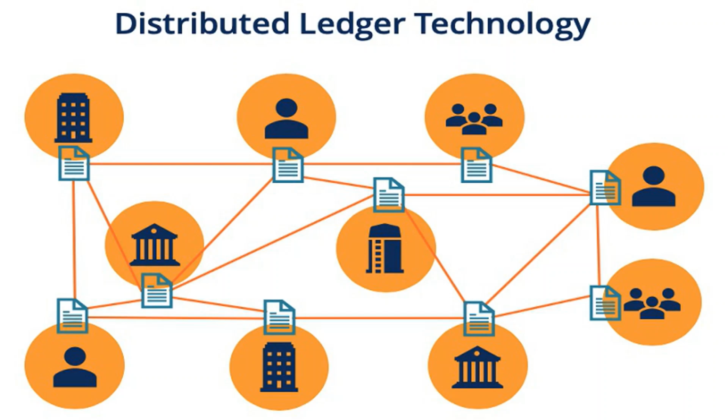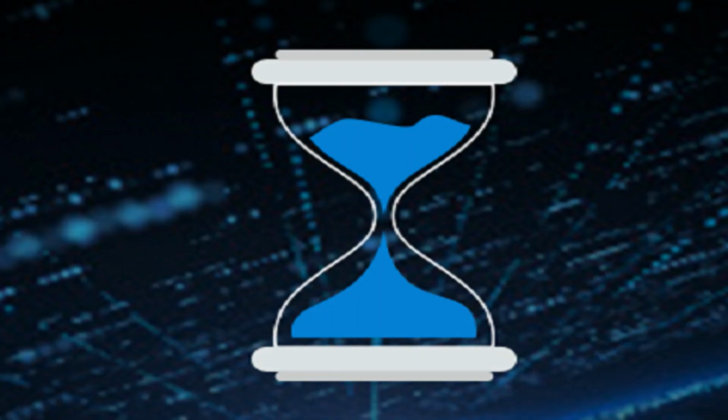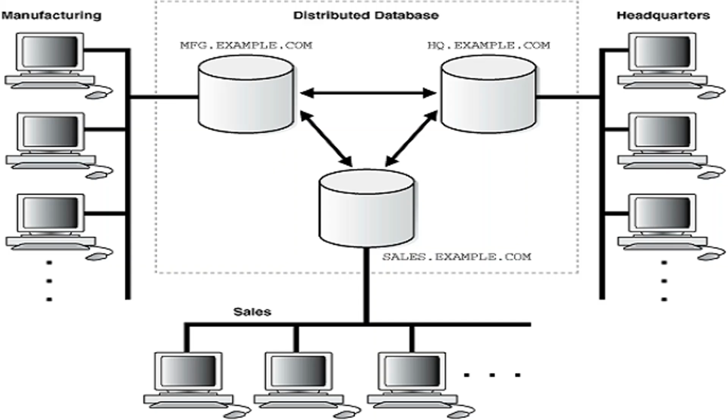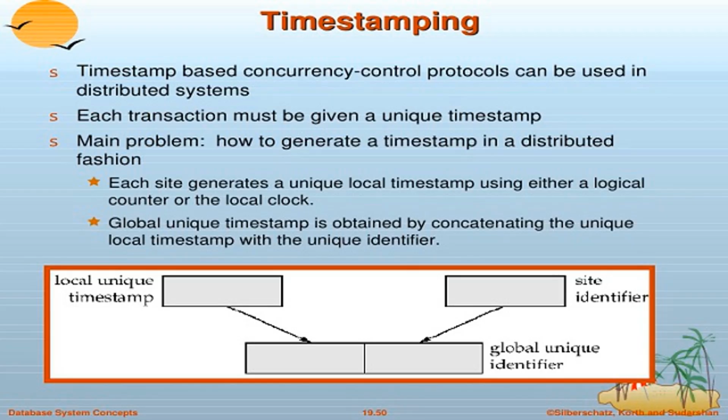In DLT, it deploys timestamping, which has been used for a while in many distributed database management systems. A timestamp-based concurrency ordering control algorithm ensures time-linked sequencing of transactions.